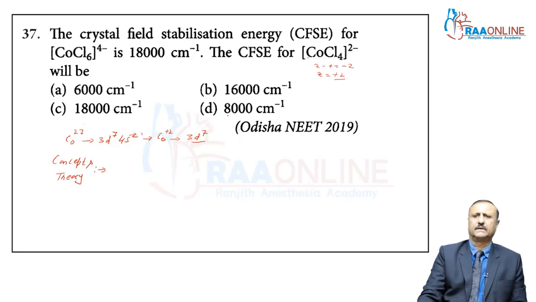Now we can see here the chloride ion is a weak ligand. So when the 5 d orbitals split with each other by the coming of these chloride ions, but this chloride ion is a weak field ligand, the separation of energy is minimum.